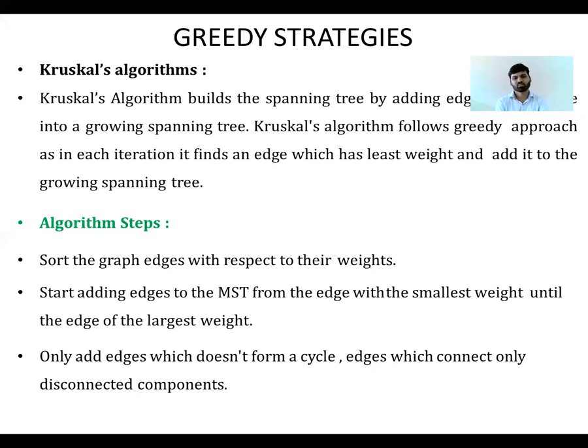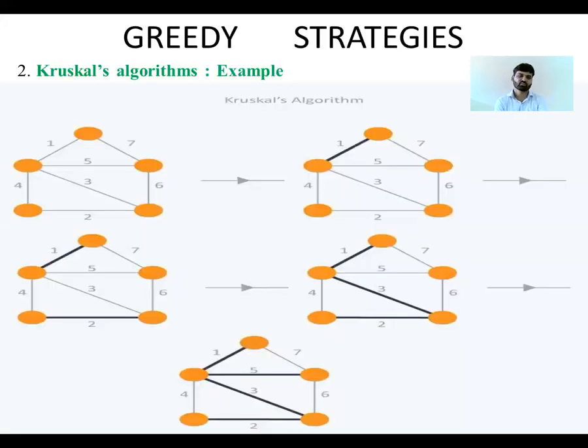Then to understand better, we have to see an example of that. This is the example of Kruskal's algorithm. Here how many edges are there? 1 2 3 4 5 6 7 edges are there.